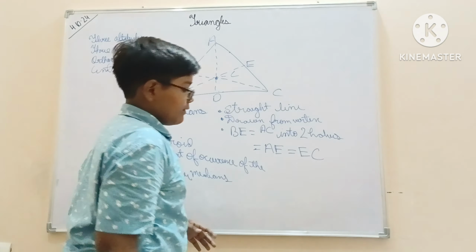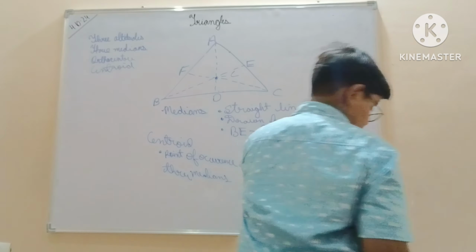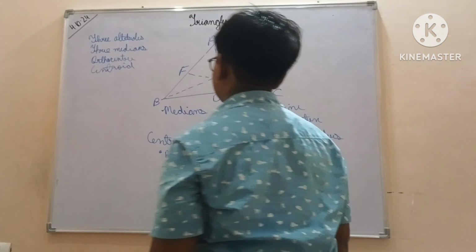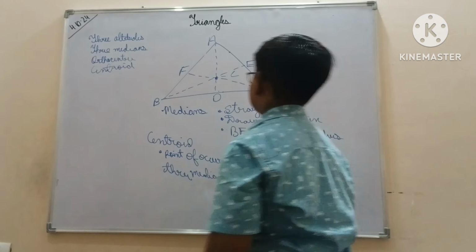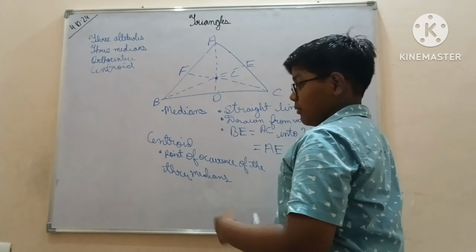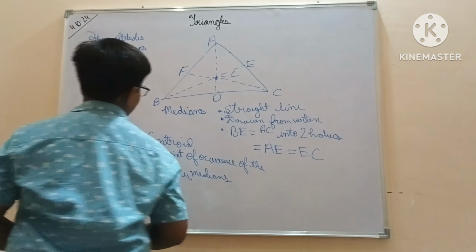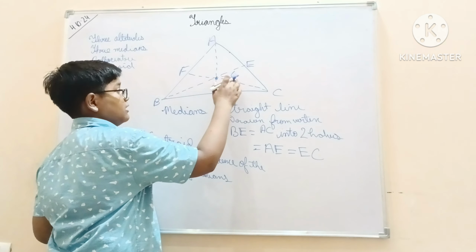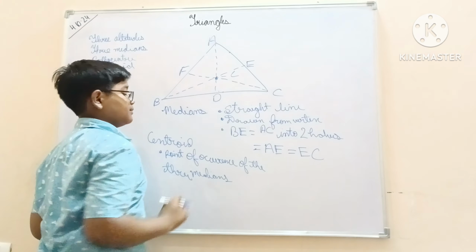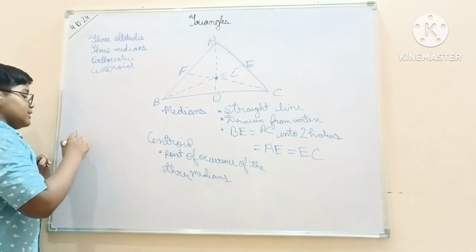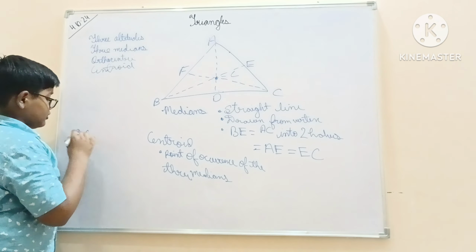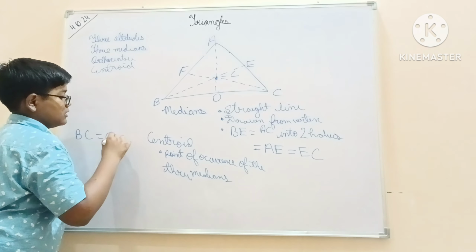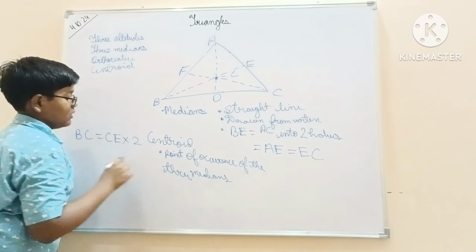So we have studied some terms related to the triangle, which are the orthocenter, three altitudes, and three medians. And a most important point in the median case is that BC, as this is C, is equal to CE into 2.